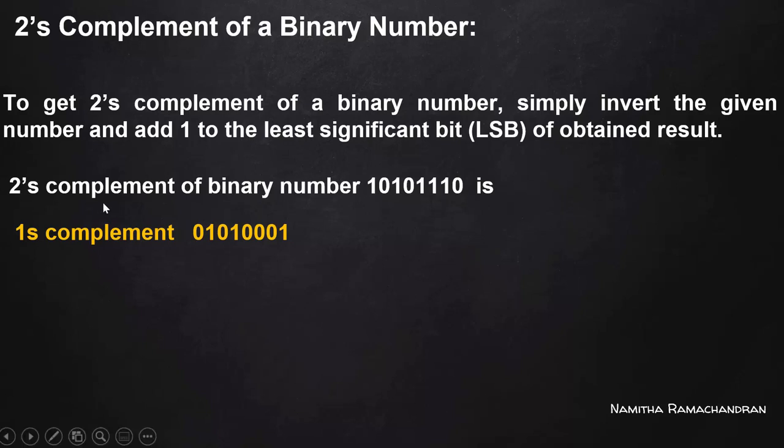Then, in order to get the 2's complemented form of it, add a simple 1 to it. While adding, 1 plus 1 is 0, carry 1. That carry 1 is added with this 0 and we get this result. So this is the 2's complemented form of the given number.